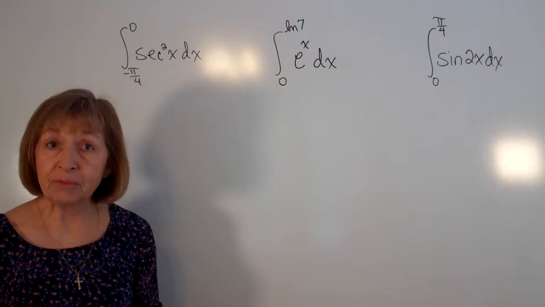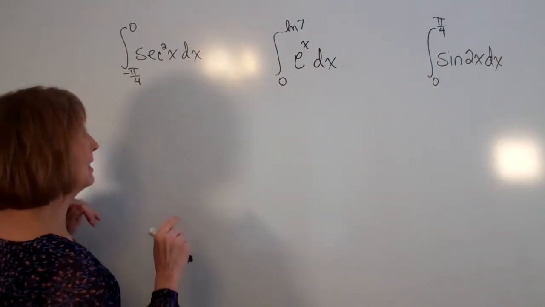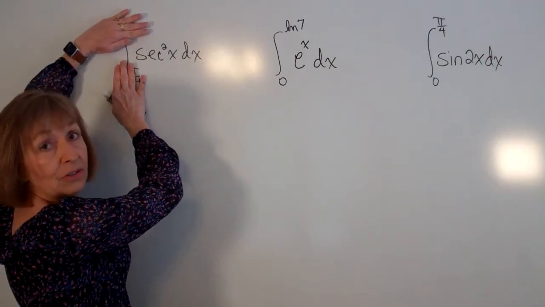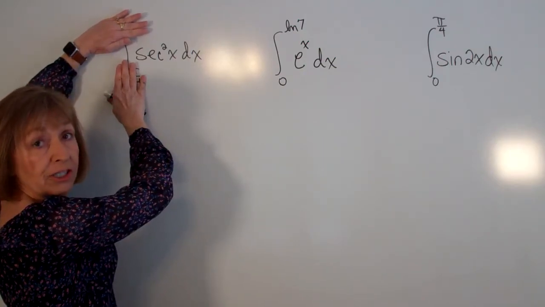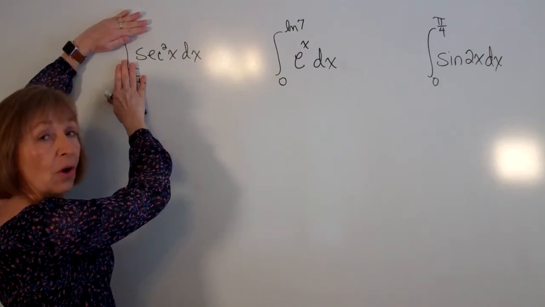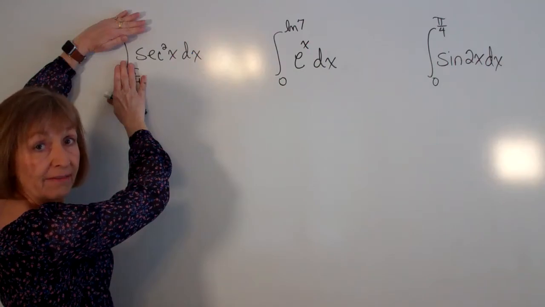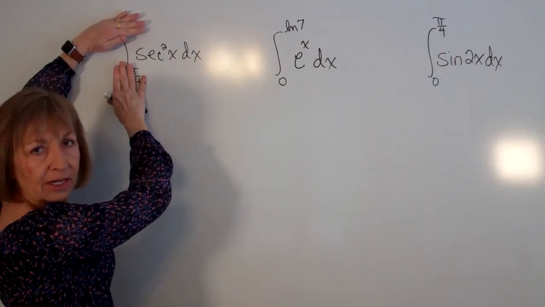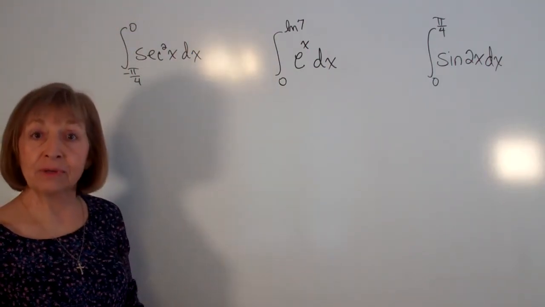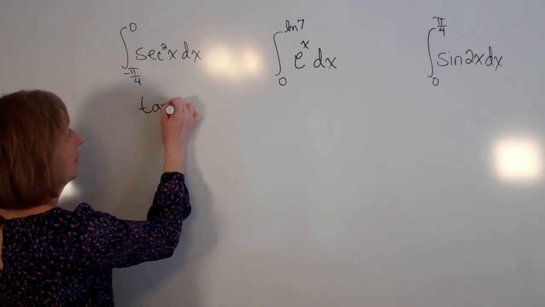Now, to use the fundamental theorem of calculus, I want to think about this first as an indefinite integral. So what function is an antiderivative of secant squared x? In other words, what function had secant squared x as its derivative? Well, that was tangent x. So an antiderivative of secant squared x is tangent x.